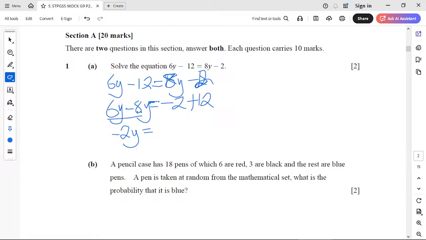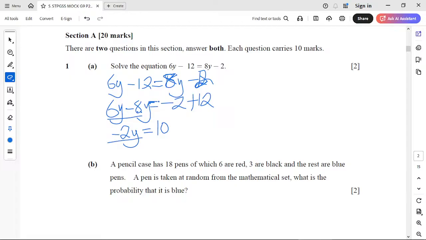The difference of 12 and 2 is 10. So negative 2 plus 12 will give us positive 10.